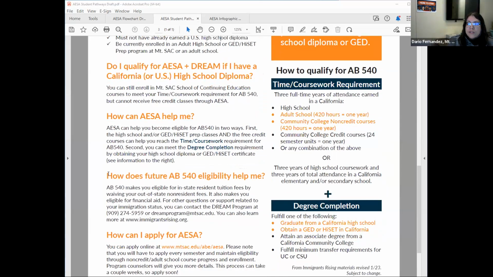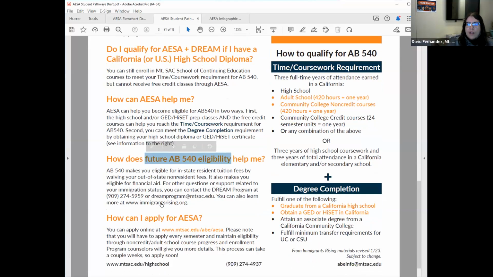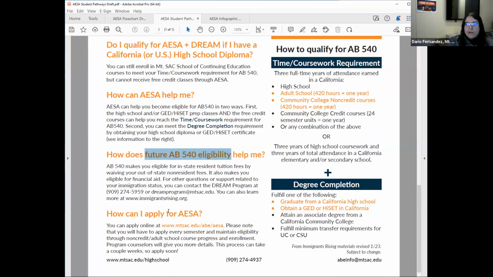And this was a key question, right? How does future AB 540 eligibility help me? So it might not be something that's going to be impacting you right now or during the time that you're in the ASA program, but if your goal is to transition to college, then we should be screening you for that eligibility. Along with conversations about immigration status, right?